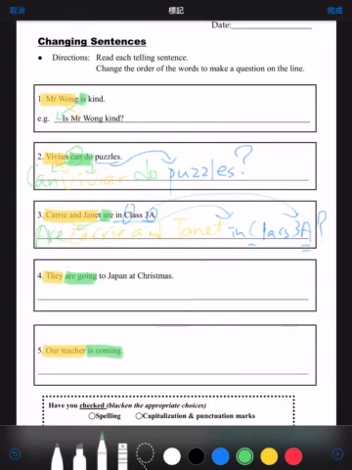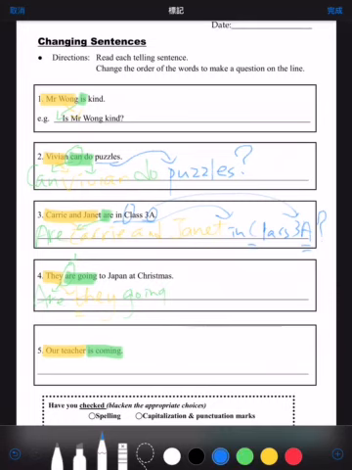For number 4, they are going to Japan at Christmas. The first verb, are, put it first, are, then they. So we need to change it back to small letter because now it's no longer the first word of the sentence. Going.